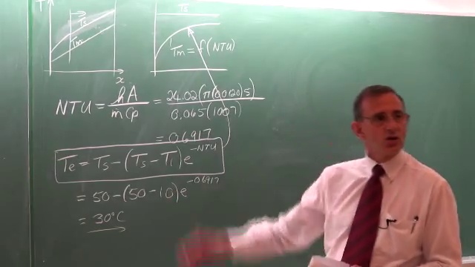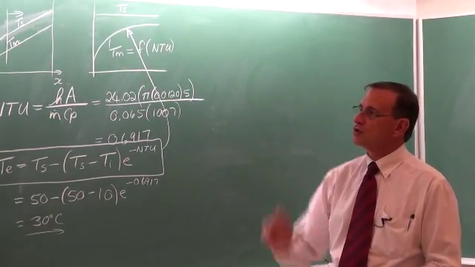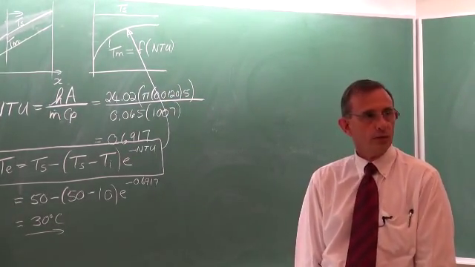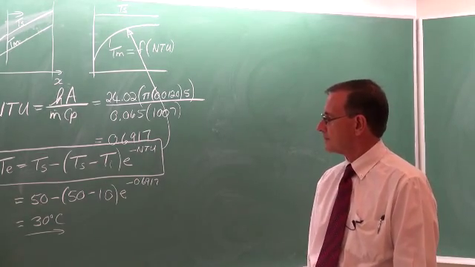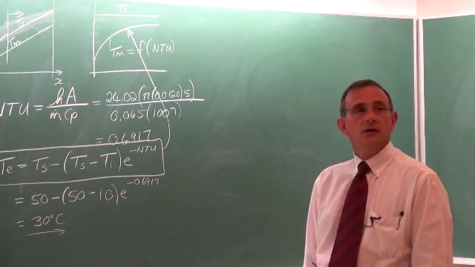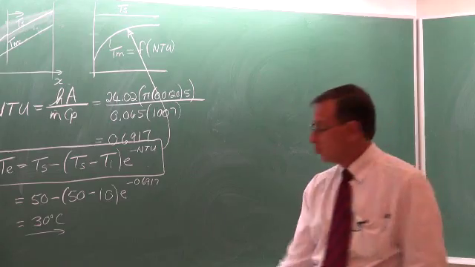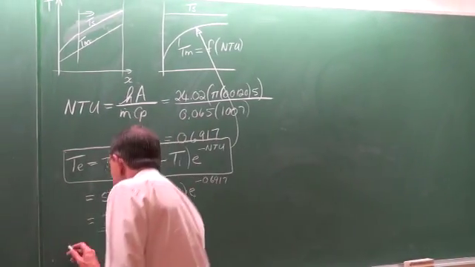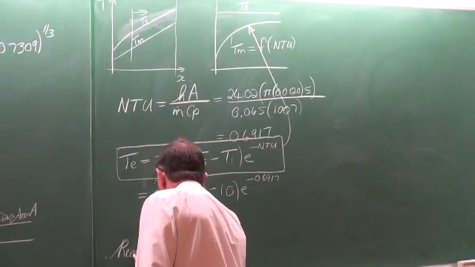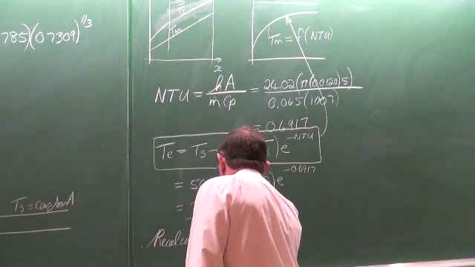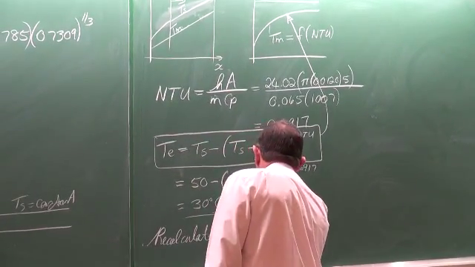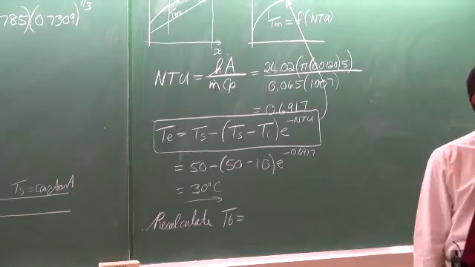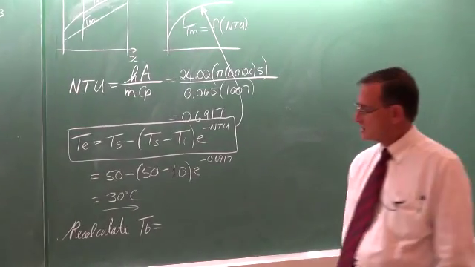And we can see it is not even close to the 50 degrees Celsius wall. Right, so at this stage we are supposed to recalculate the bulk temperature.